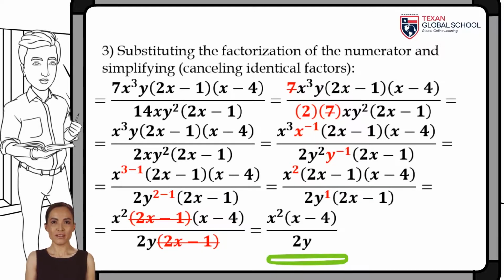The y of the numerator is moved to the denominator as y to -1, and we subtract, thus obtaining y. Finally, we cancel the factors 2x minus 1 from the numerator and denominator, thus obtaining a simplified expression, x squared by x minus 4 over 2y.